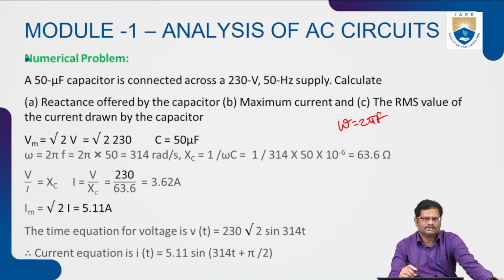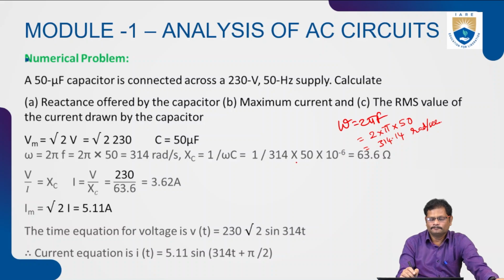Frequency is already given as 50 Hz supply. 2 into pi value 3.142 into 50, 100 into 3.14, is 314.14 radians per second. And Vm, the maximum value, is root 2 times the effective value. So root 2 into 230 is the maximum value.